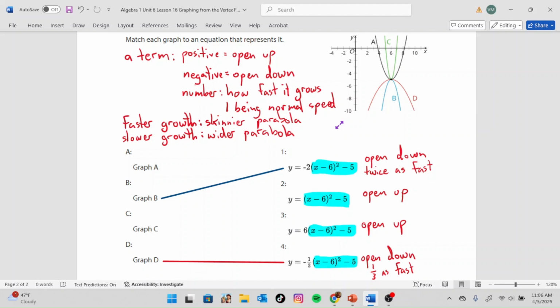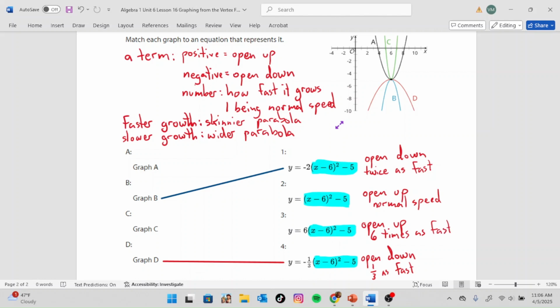Now we have to decide between number 2 and 3, which are both opening up. Number 2 has an A term of 1, so this is normal speed. But number 3 has an A term of 6, so it is growing 6 times as fast.